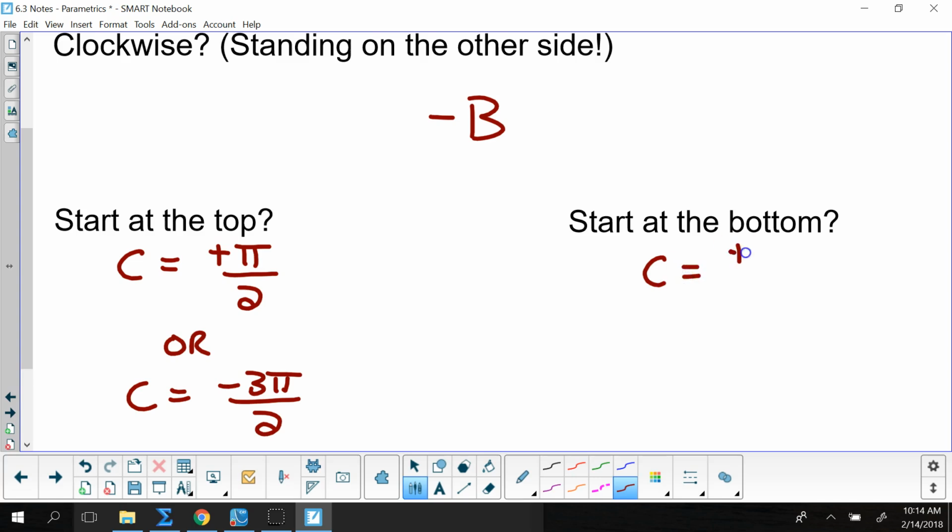So you said positive 3 pi over 2 or negative pi over 2, right? Again, same thing. We could add 2 pi to those, or subtract 2 pi from those, and we get the exact same thing. Couple of tweaks there.